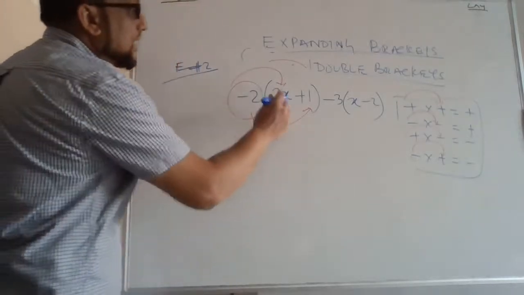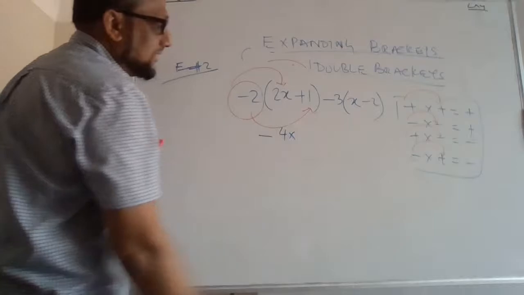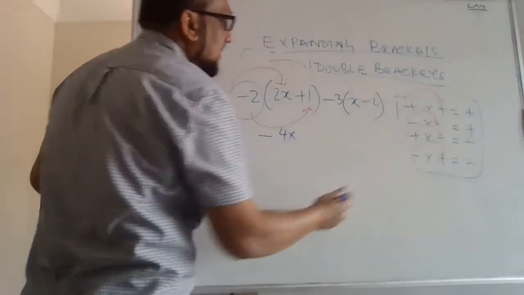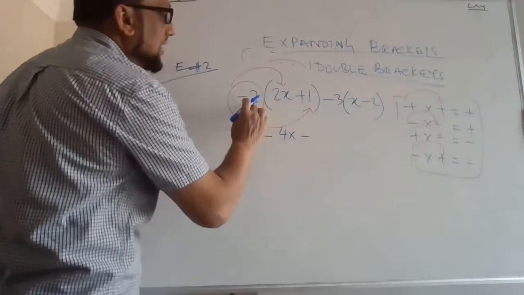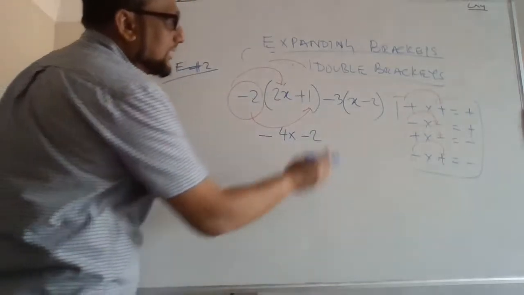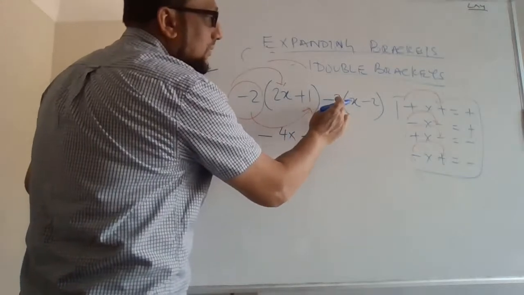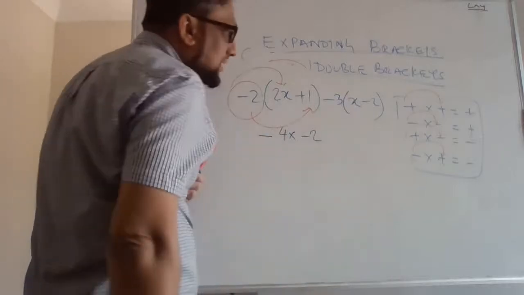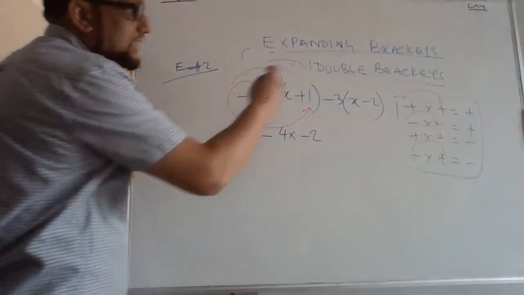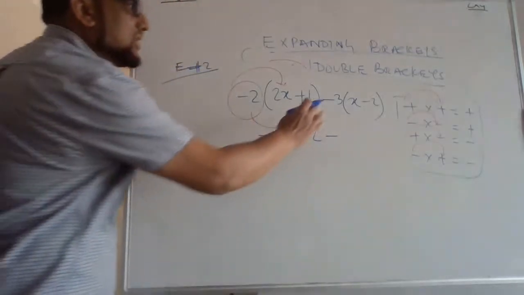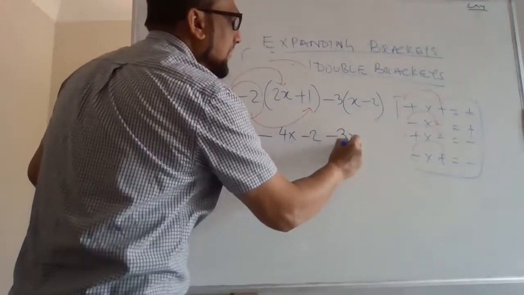Minus 2 times 2 is 4 and x, so minus 4x, and minus times plus is minus, and 2 times 1 is 2. And look at this one. This sign is a minus 3, and this x has a plus sign, so minus times plus is minus. 3 times x is 3x.